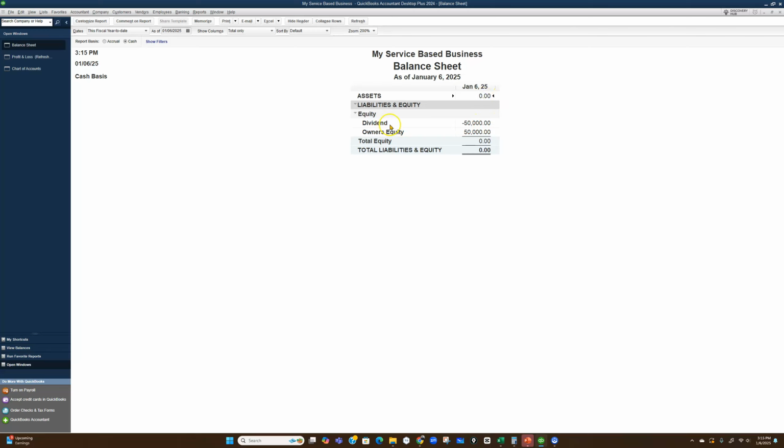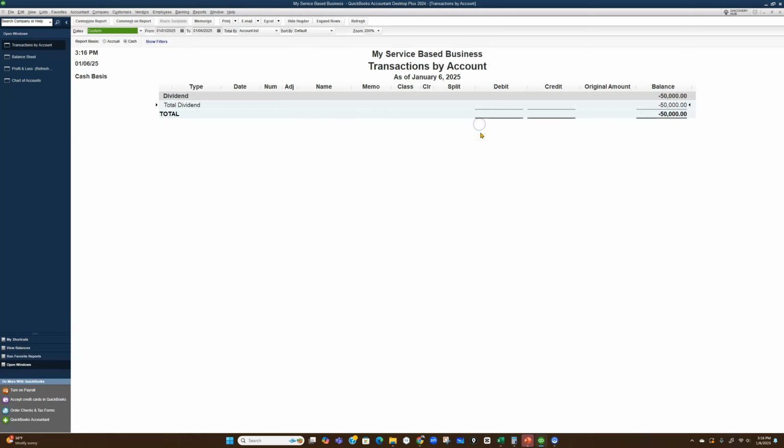Cash is gone, it's been distributed out, and we paid $50,000 of dividends. So as a C corporation, this is where double taxation comes in. Because not only did you pay tax on $50,000 in the C corporation at a flat tax of 20%, you now have to pay a dividends tax on your individual tax return at the capital gains rates. And so in essence, you're being double taxed.